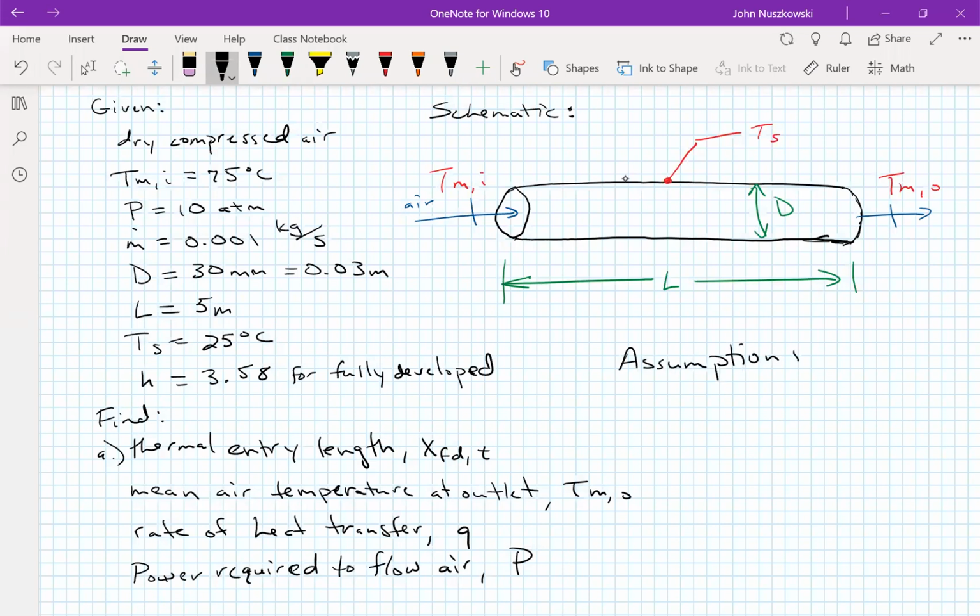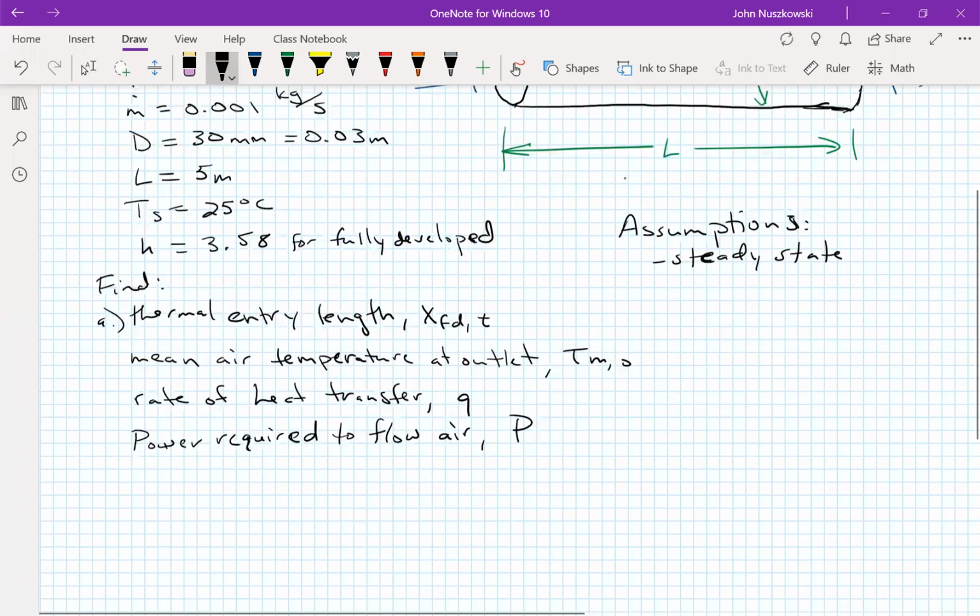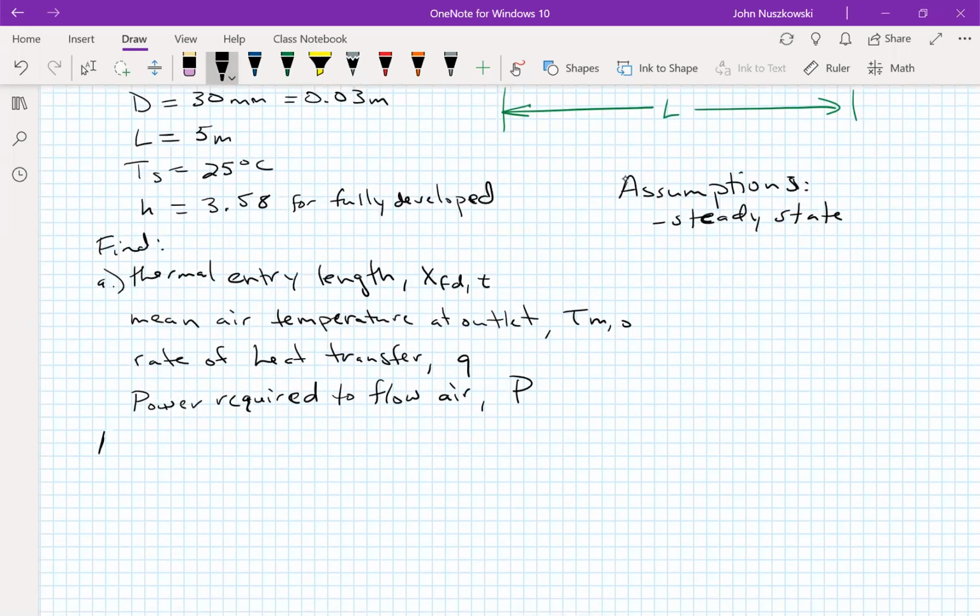So assumptions: steady state. And we have some analysis, right?